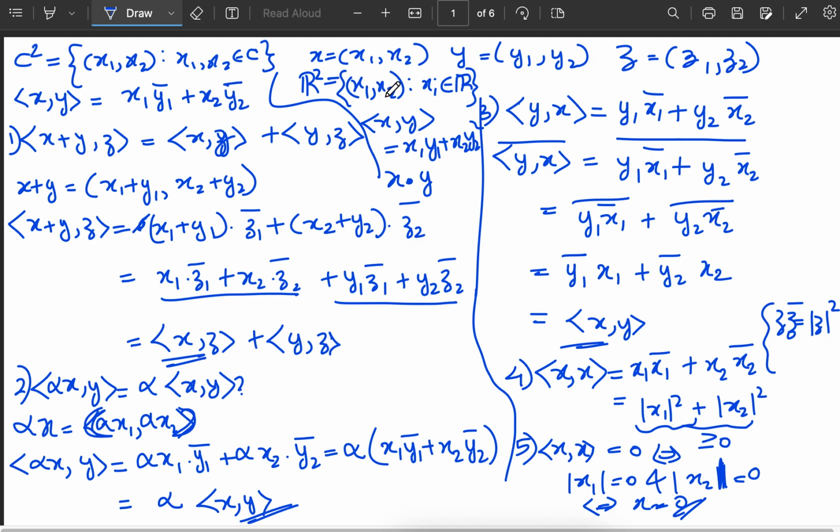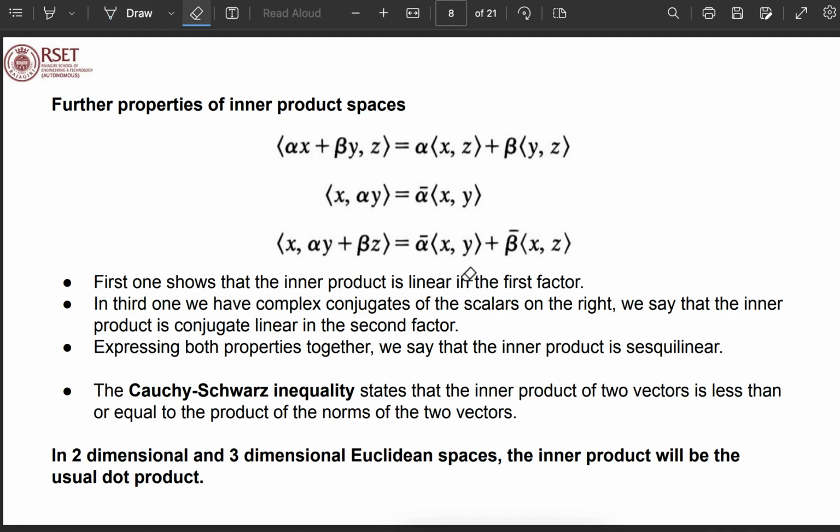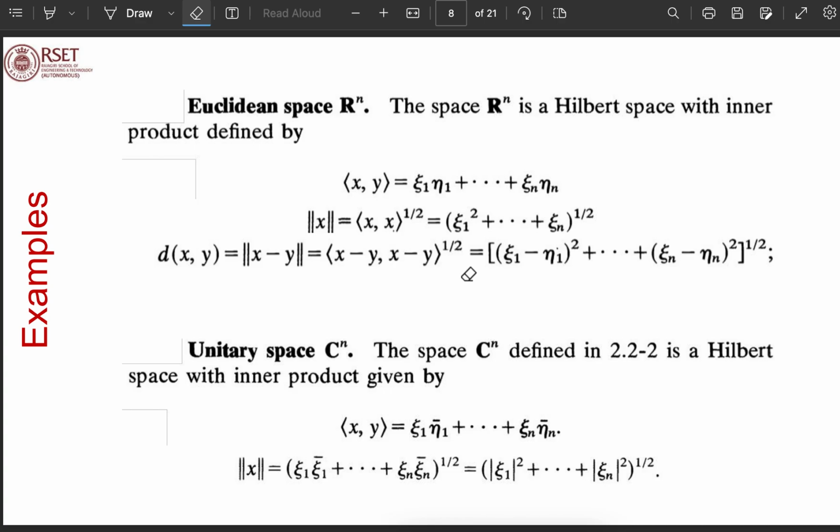As I said earlier, inner product is the generalization of dot product. Here, instead of R2 and C2, we can consider Rn and Cn, and we can easily verify that this inner product will satisfy all 5 properties.